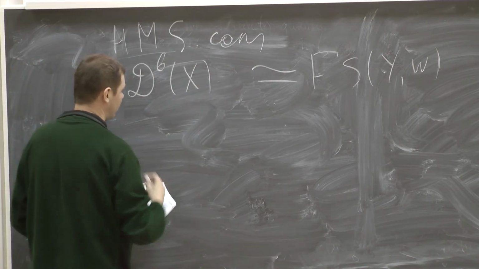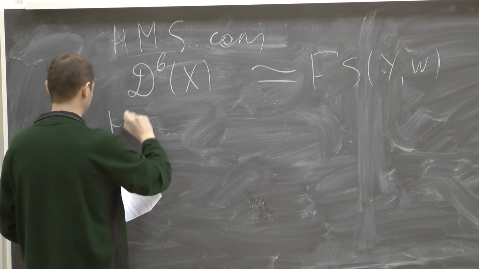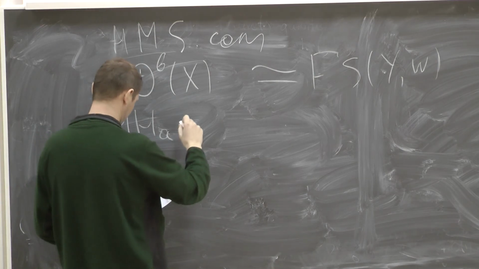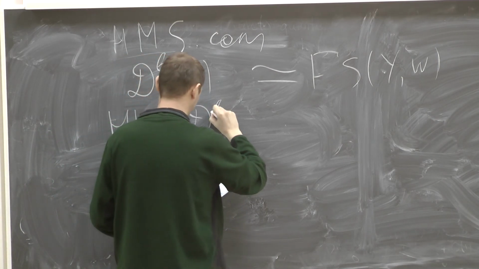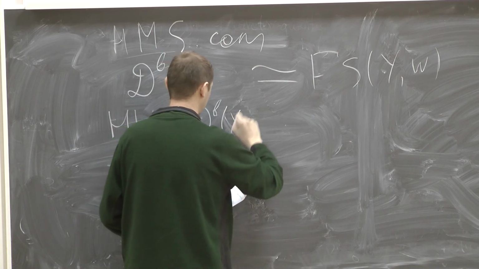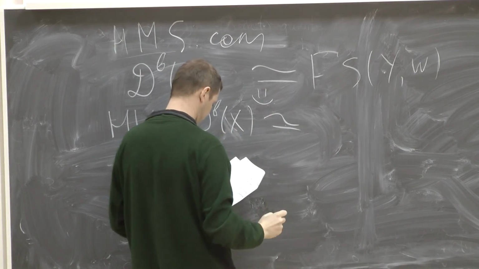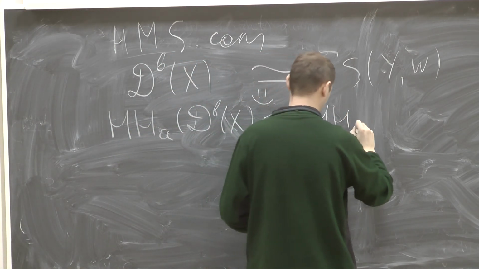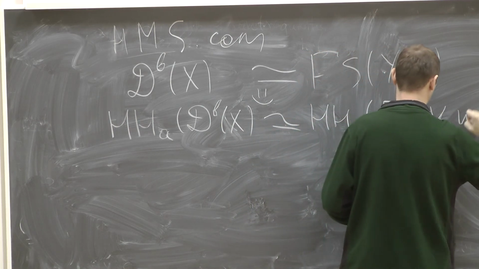If the categories are equivalent, then the Hochschild homologies should also be isomorphic. So the Hochschild homology of X should be isomorphic to the Hochschild homology of the Fukaya-Seidel category of (Y, W).